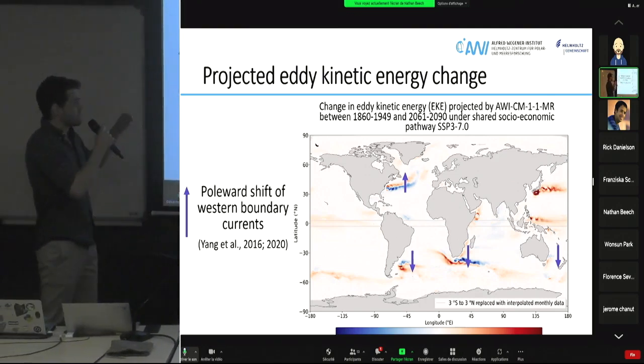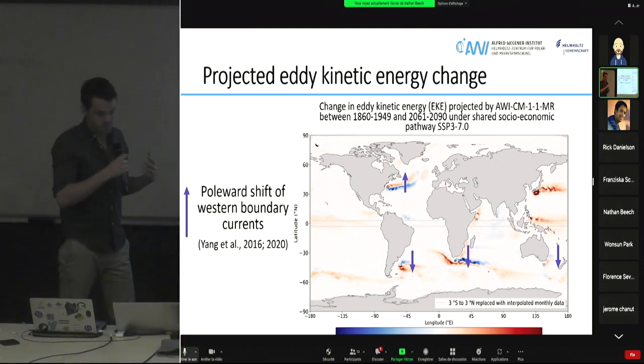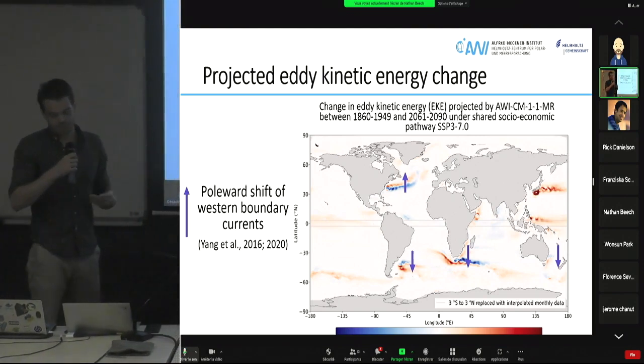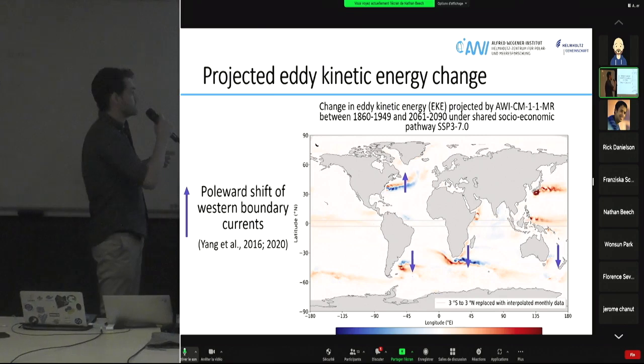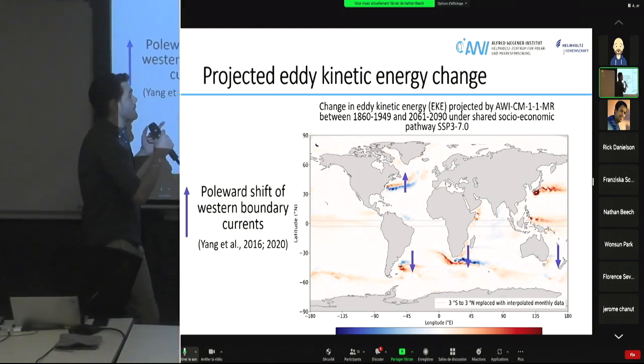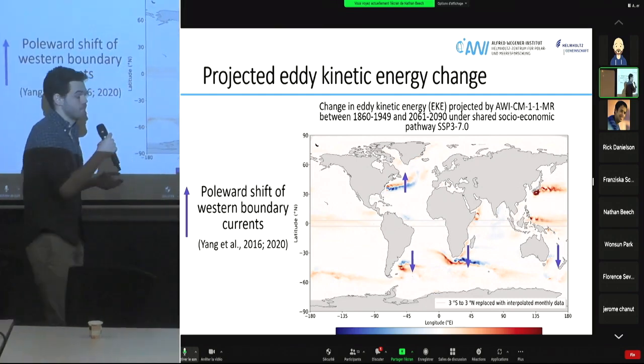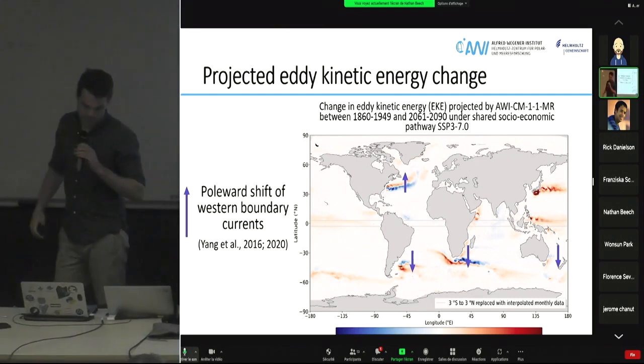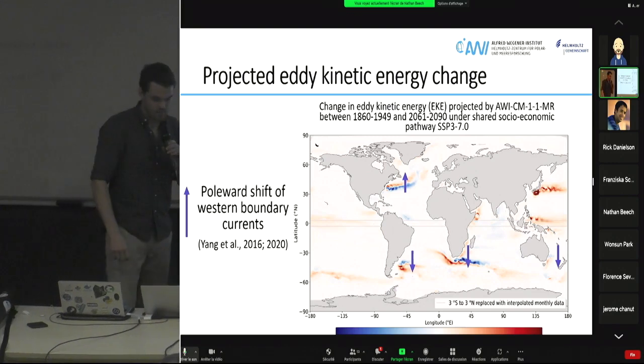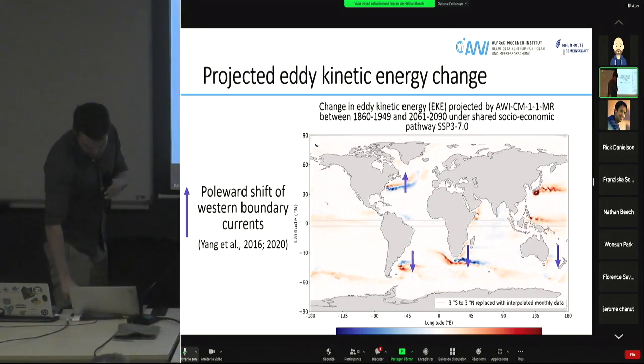And that's something that's been observed and projected in the context of climate change already, primarily due to winds. And you'll probably also notice that the Kuroshio stands out as an exception here. And we'll get into each region a little bit more specifically right now.